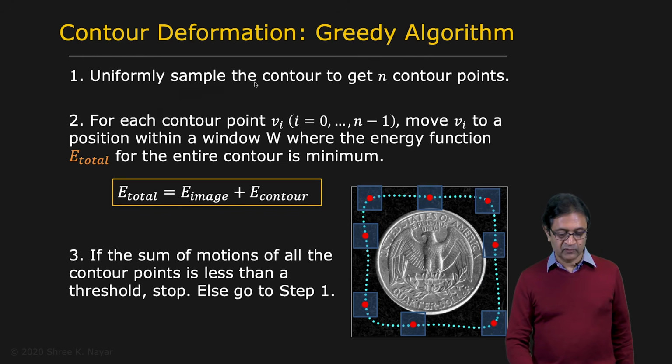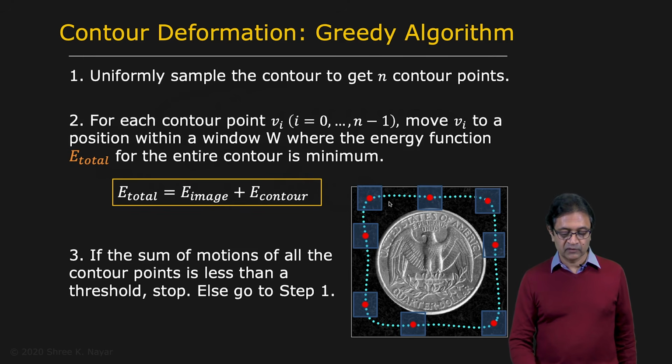Now that you've uniformly sampled it, for each contour point we are going to move v_i, the position of that contour point, to a position within a small window around v_i. Let's say this is v_i and this is the window w around it. We're going to move v_i to where the energy function E_total, which is the sum of both the image term and the contour term, is minimum.